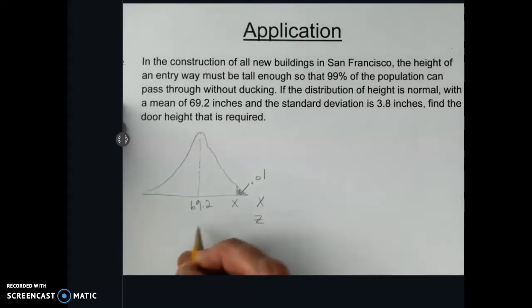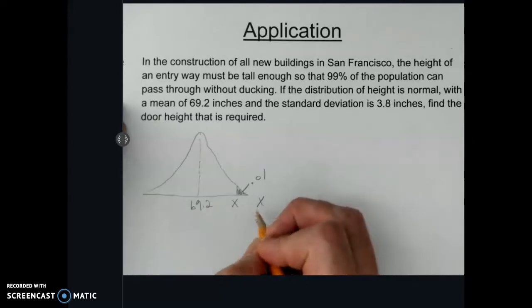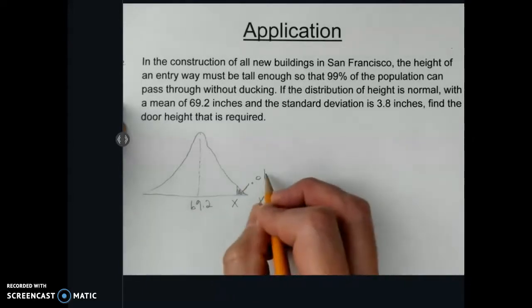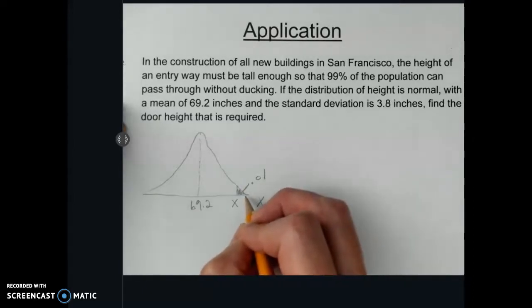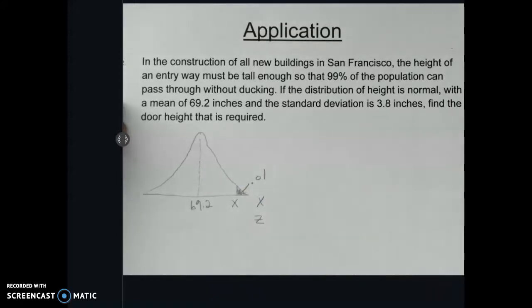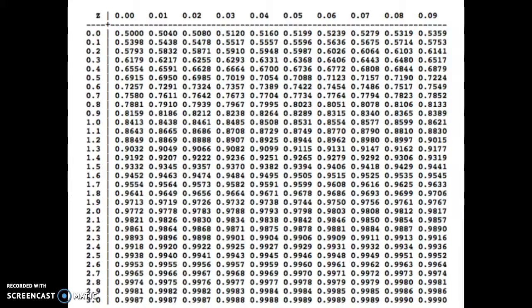So we use the z-scale. We want to find the z that corresponds to 1% in the upper tail. Let's go to our tables. If we're looking for 1% in the upper tail, we're actually looking in the table for 99%. So we want to go to 0.99, as close as we can get, and this is it right here, 0.9901.